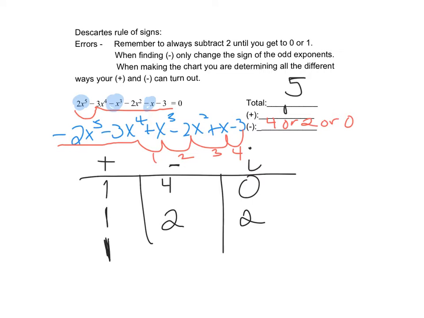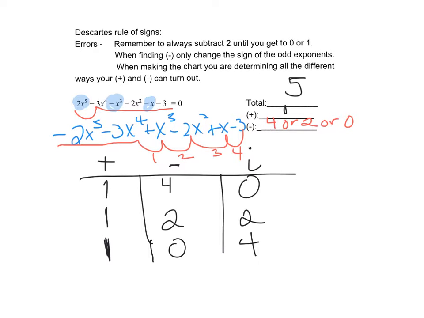I'm still always going to have 1 positive, and 1 plus 0 is 1, so I would have 4 imaginary. The rest of the answers all have to be i's.